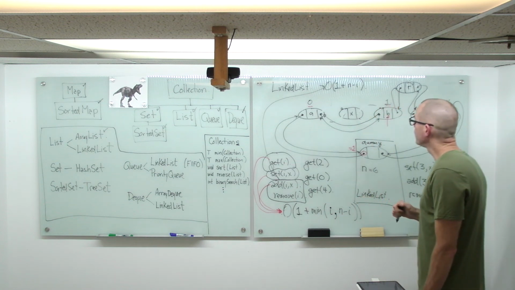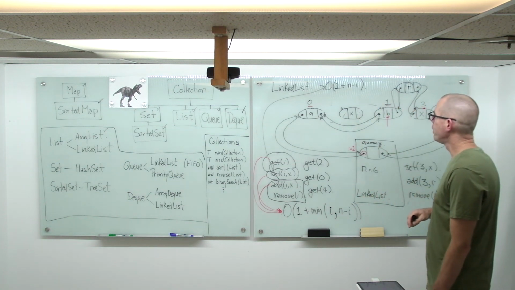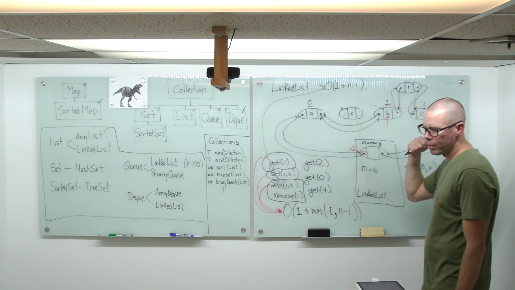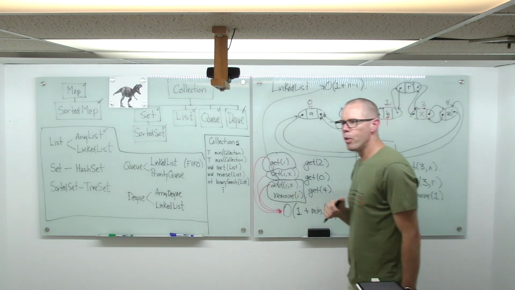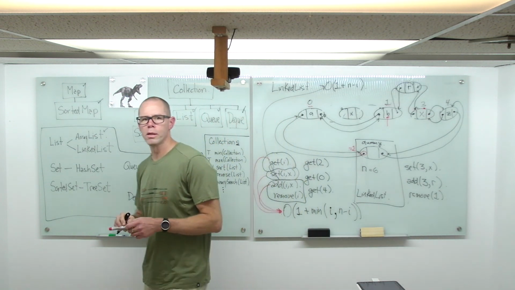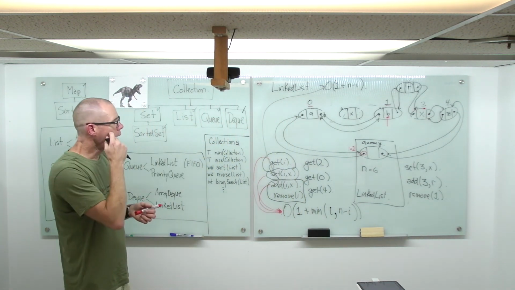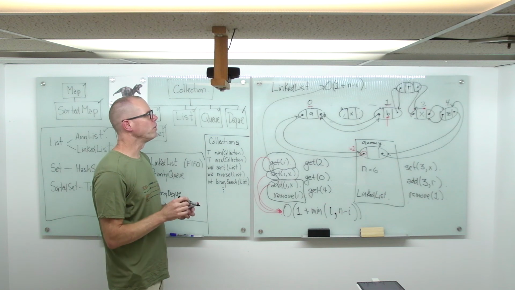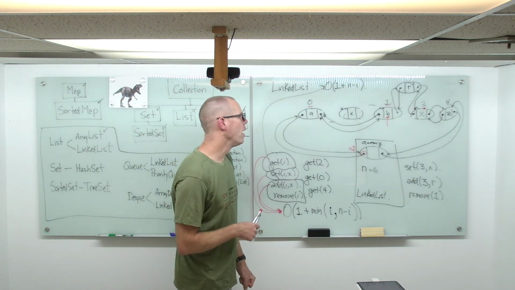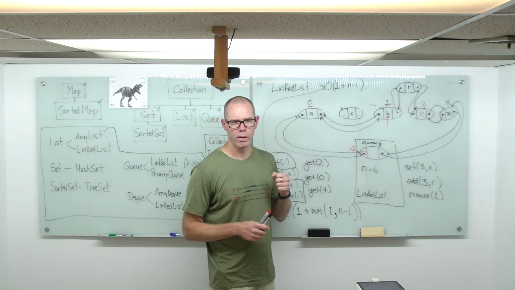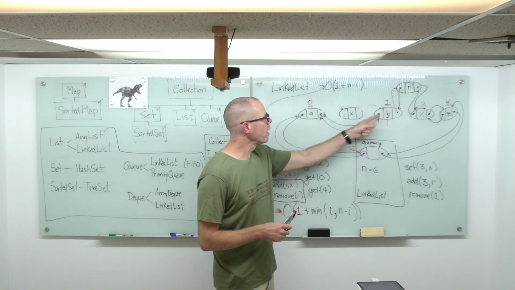Yeah, so remove basically unlinks nodes rather than deletes them, because in Java, remember, there isn't really a notion of deleting things. Java is a garbage collected language. All you need to do to delete something or have it so that it's eventually deleted is stop having any references to it. And in this case, this thing gets unlinked.